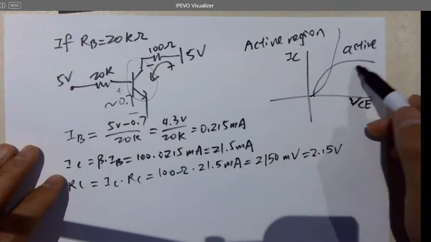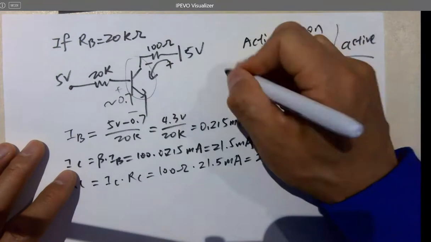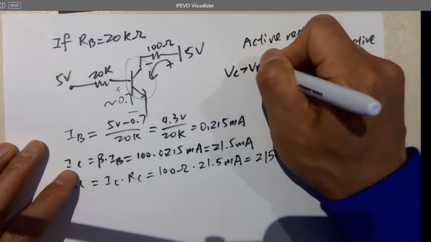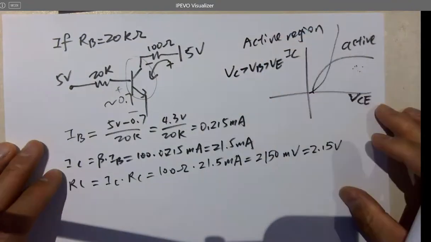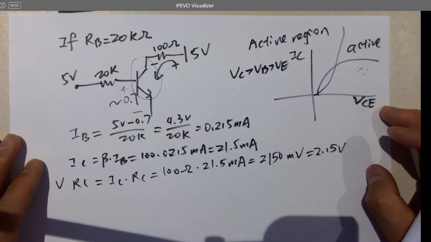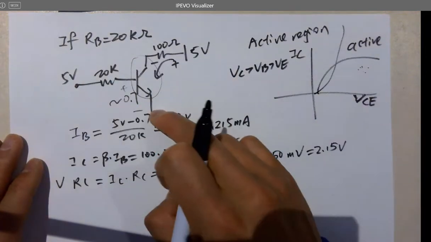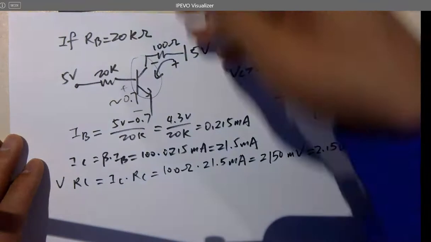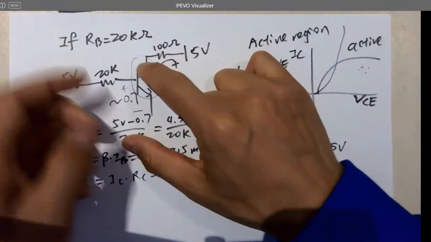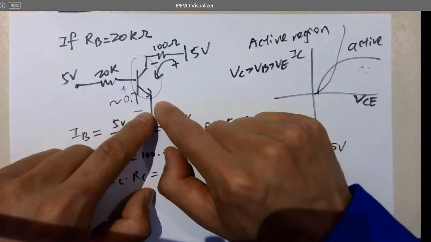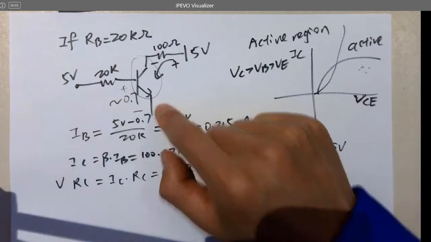The requirement for that is VC is larger than VB is larger than VE. So this is larger than this is larger than this, so you can have that continuous potential gradient to push the current out of the emitter junction.